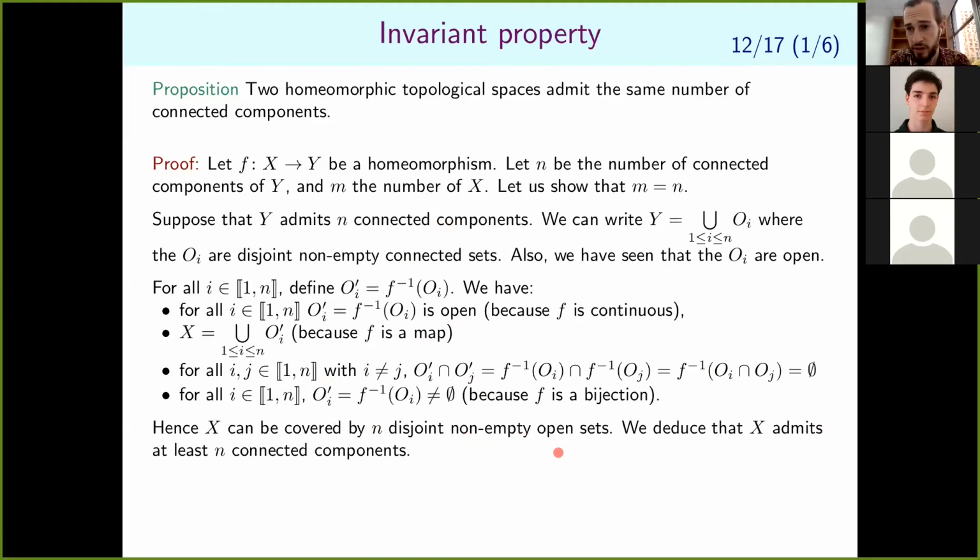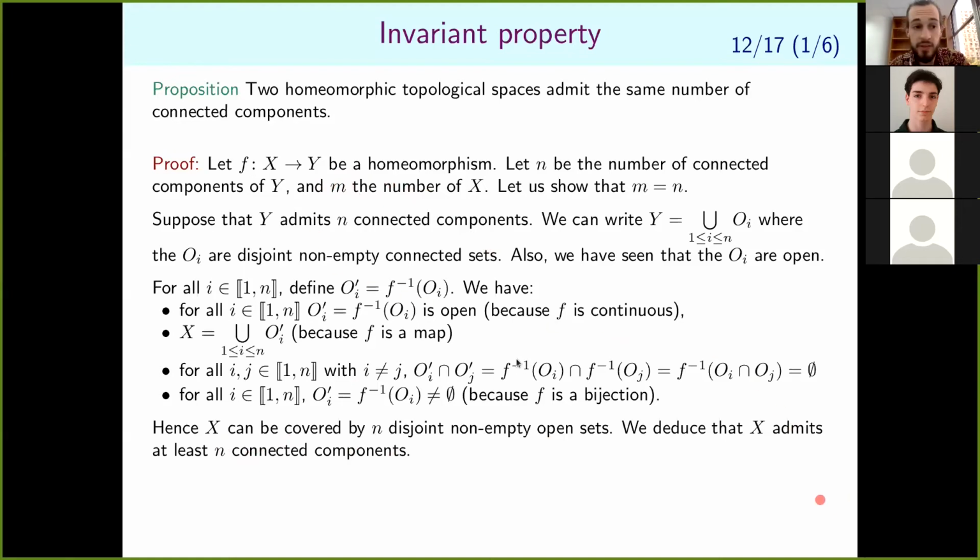I do not say that they are connected. And you can show that if a space can be covered by n disjoint non-empty open sets, it admits at least n connected components. So here we have that n is lower than m.